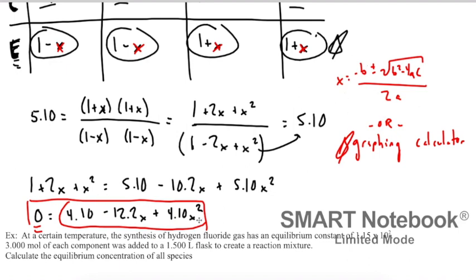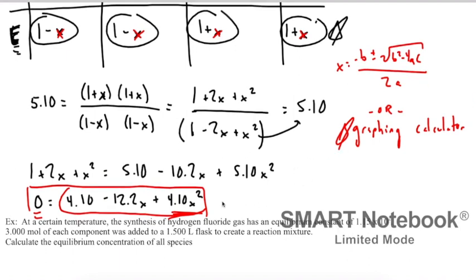So whatever method you want to do, if you choose to use the quadratic formula, of course, you're going to have to rearrange this. For the quadratic formula, we always put the largest terms of x first. So really I should rearrange this to say 4.1 x squared minus 12.2x plus 4.1, and you guys all know that 4.1 is the A, 12.2 is the B, 4.1 here is the C. So that's how that works.